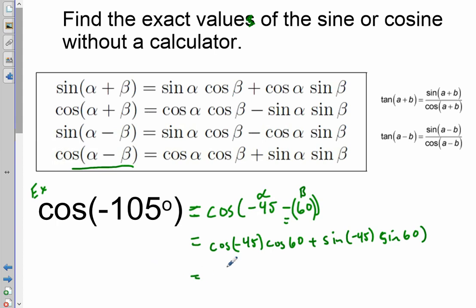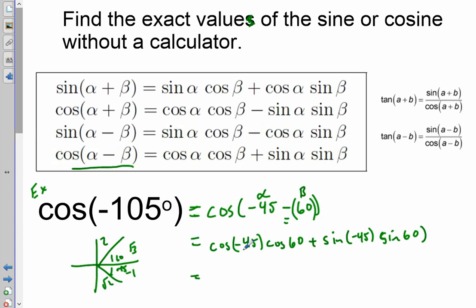From here, we can break this down. Cosine of negative 45 is square root of 2 over 2, and cosine of 60 degrees is 1/2. So this is our negative 45, and this is positive 60.